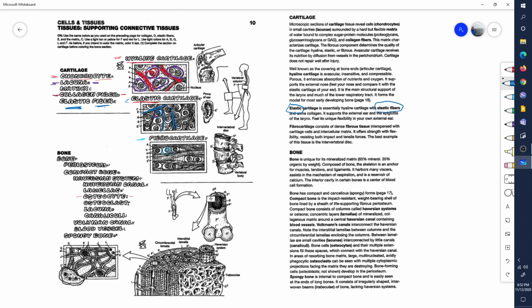Where is hyaline cartilage found? It's a very slippery cartilage. Look on the knee here, the knee joint. It's a very slippery cartilage on the edges of your knee joints, and they slip against each other and make your knees nice and smooth. Where is elastic cartilage found? Elastic cartilage is found in the ear. You can feel your ear right now, and you can feel how flexible it is.